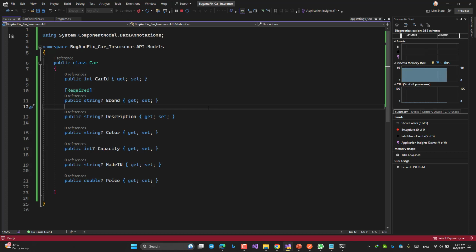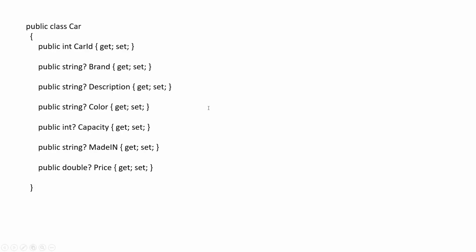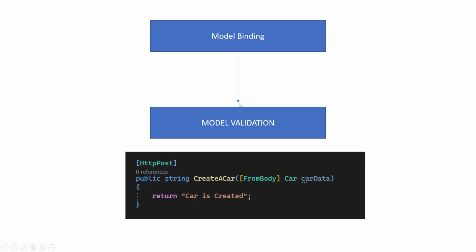I have just explained the first way of having annotation and validation, and I can say model binding on my entities. So if I want to see something like a presentation, I can say model binding would happen at first, then model validation is the next one. Something like what I have here.